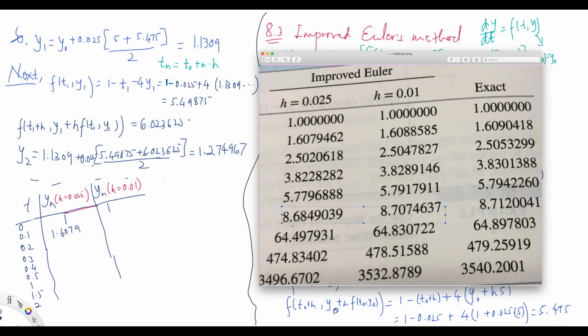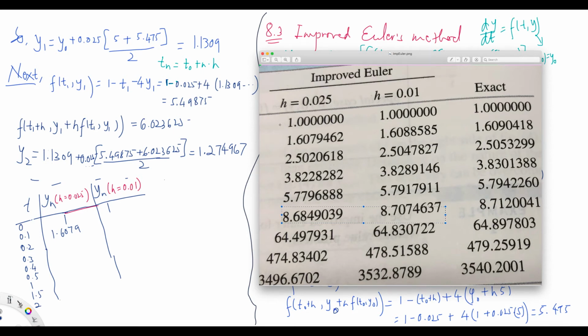When t equals 0.5, this is the approximate value of the solution y under h equals 0.025, and this one is under h equals 0.01. Now, what is the exact value? The exact value is 8.7120041. Okay, so now let us see the error.